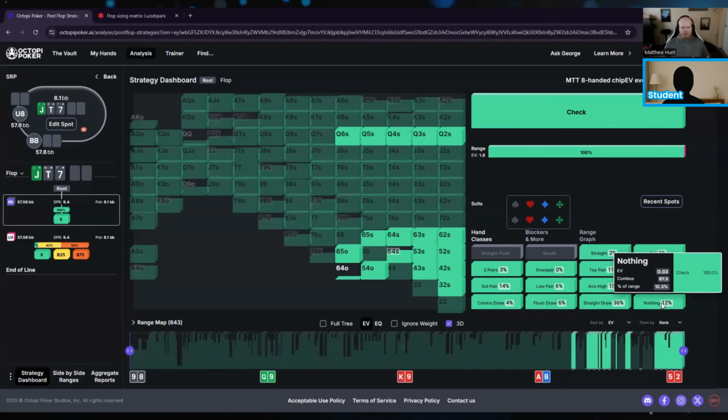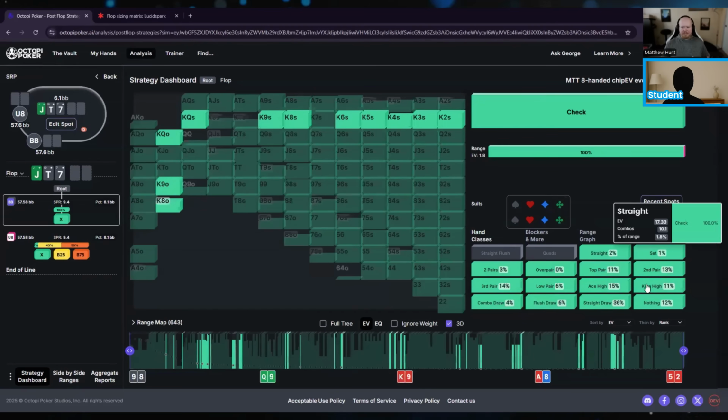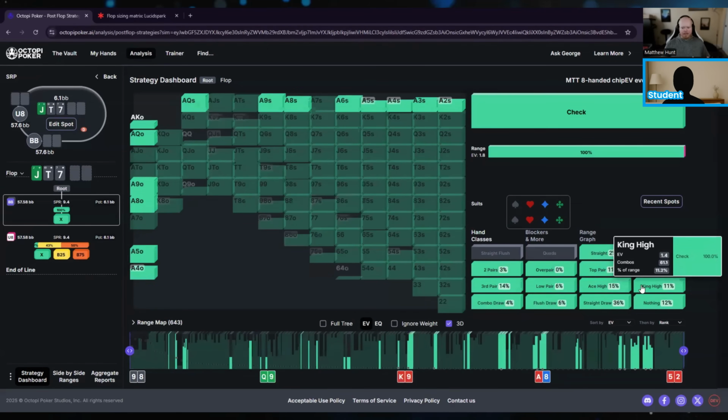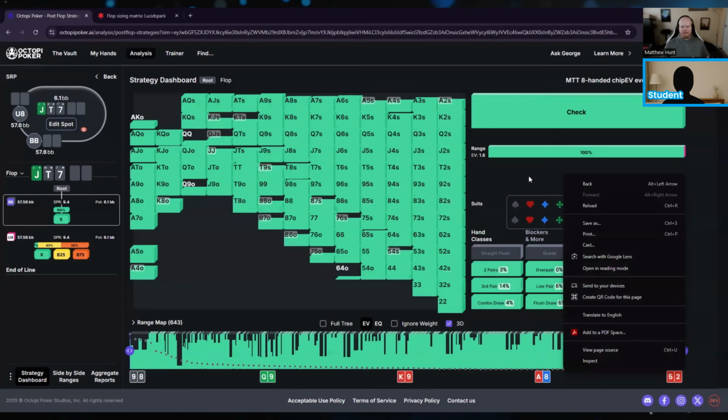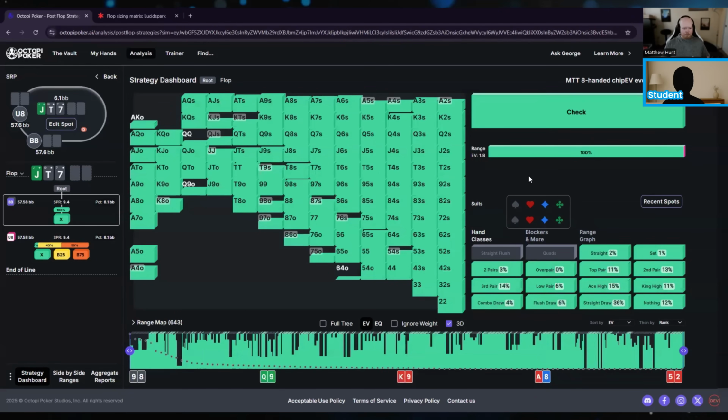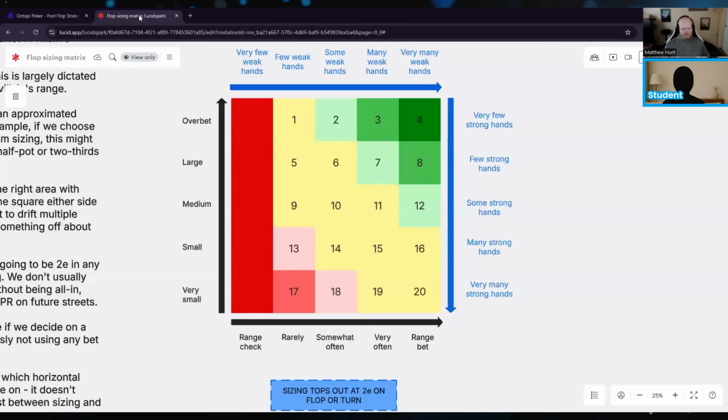So queen high or worse, basically 12% of the time, which is a pretty decent chunk of hands that are just completely whiffing this board, completely weak. And then ace high and king high, they have those two categories 26% of the time combined, right? So that is quite a lot of hands that are not particularly strong. That's what's leading us into being a bit more aggressive here. We're going with an 11 or a 12 as opposed to something like a 10.